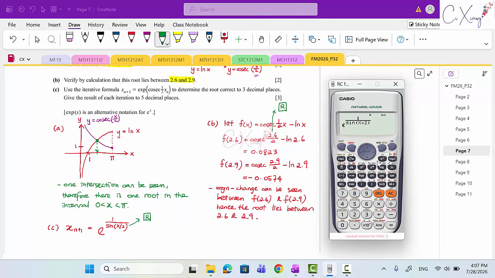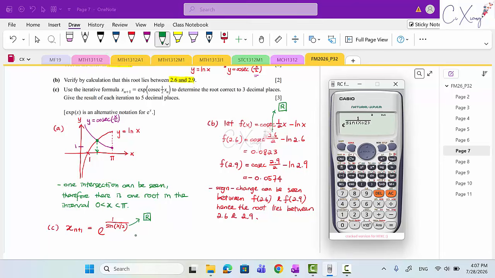Then after that, I need to change my calculator into radian mode. So I press shift mode, then radian, which is 4. Later I need to key in the value one by one so that I can get my iteration values correctly to get the root eventually.